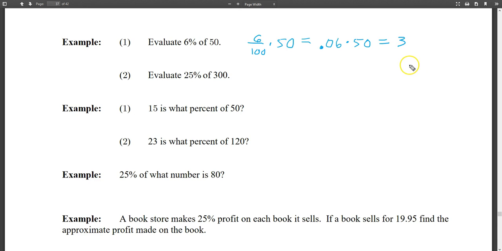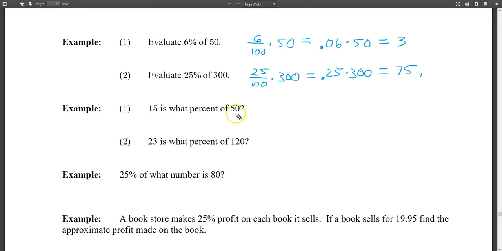So 6% of 50 is 3. 25% of 300, same procedure: 25 over 100 times 300, or just recognizing that that's the same as 0.25 times 300. Evaluate that on a calculator and you'll get 75. That makes sense because 4 times 75 gives you 300 back.